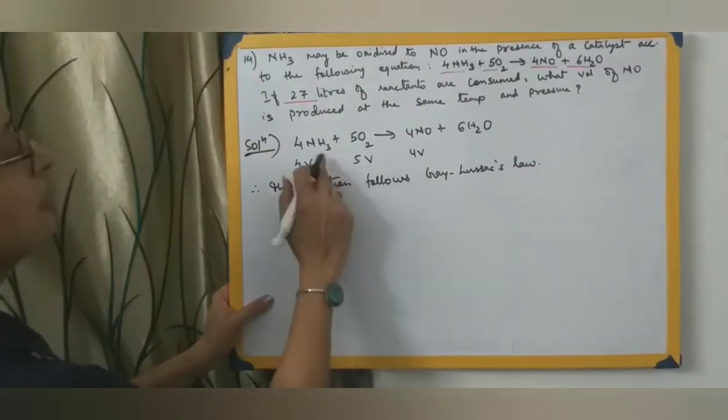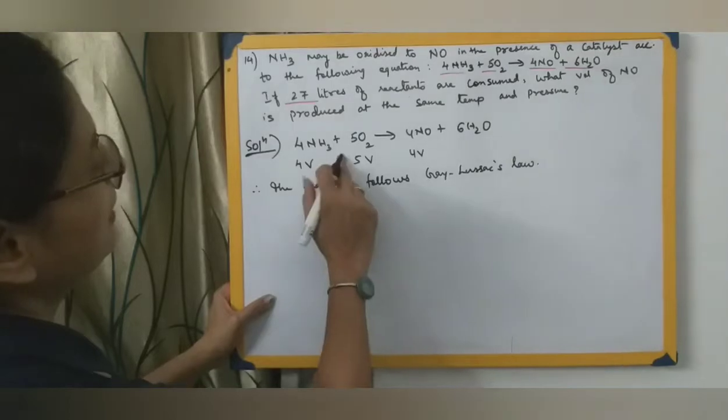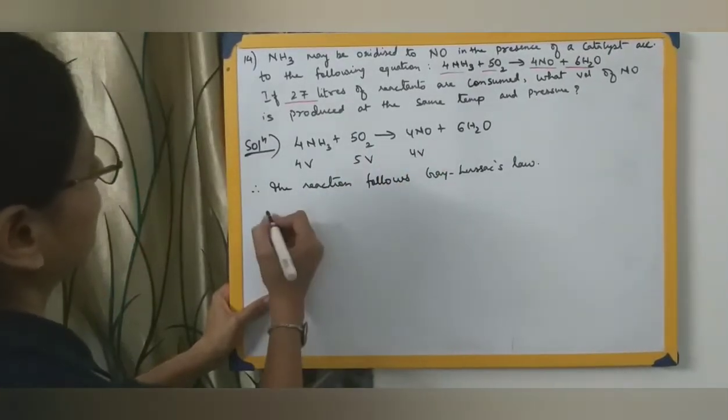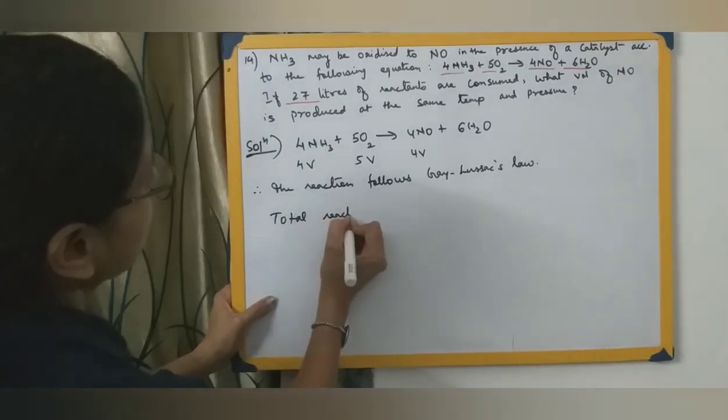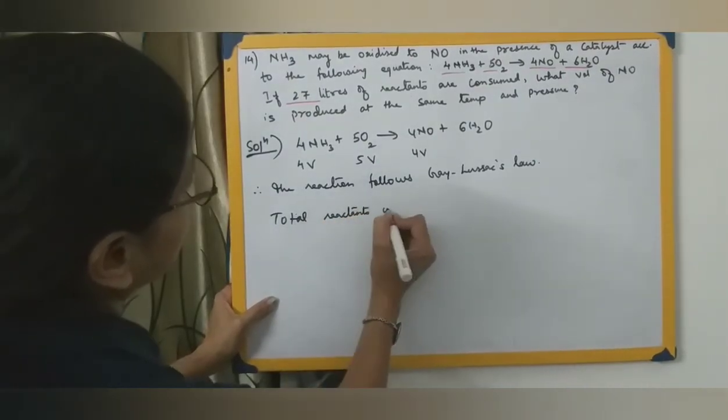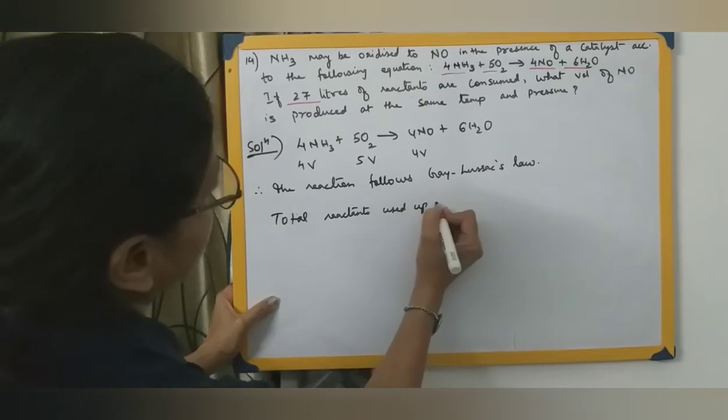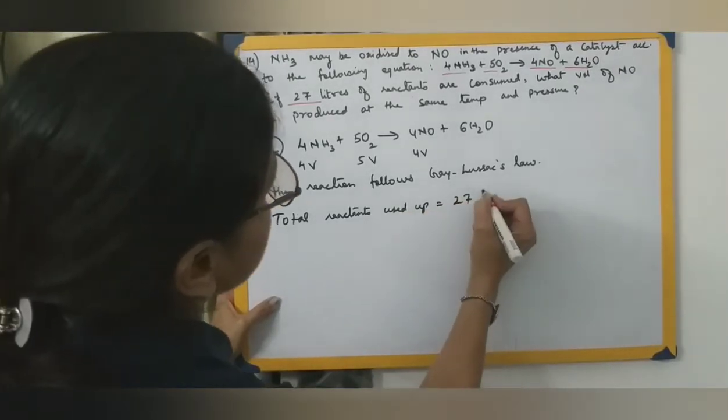Next, the total has been 27. From 27, how much of this has been formed? Total reactants used up is equal to 27 liters.